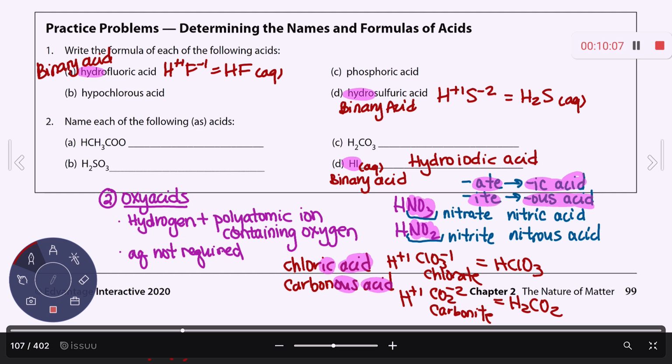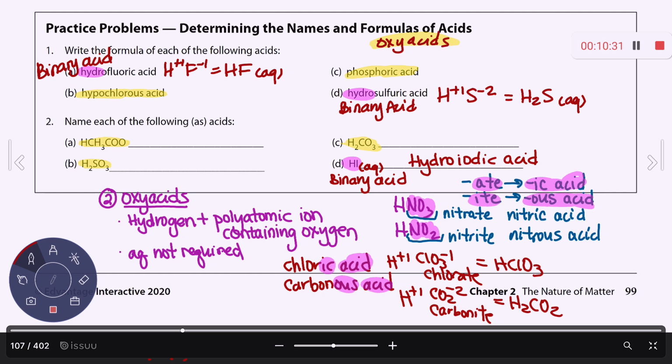Okay, that sounds better than hydroiodinic. So chemistry teachers will always tell you, go with the one that sounds better. Okay? All right, now, the rest of these are oxyacids. So this one, this one, this one, this one, and this one. I'm just making a little note here that these are oxyacids.